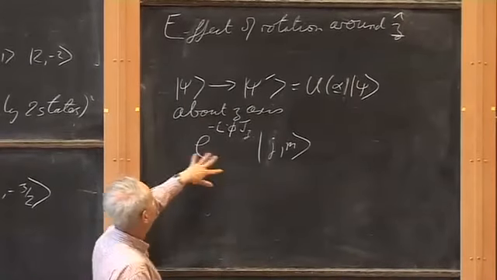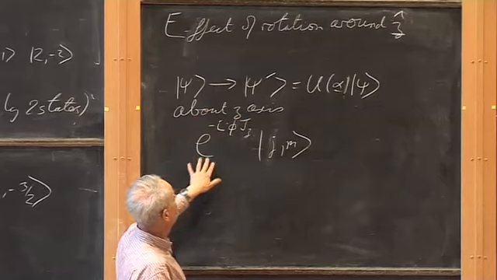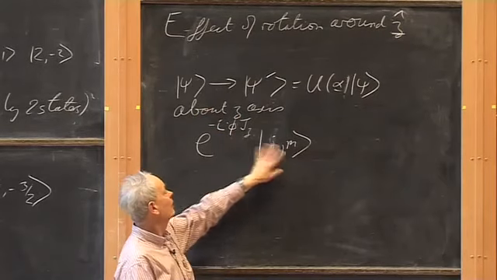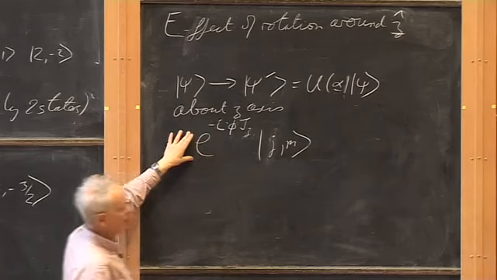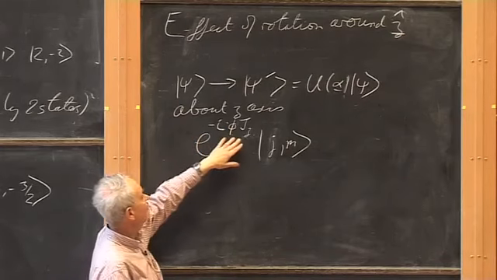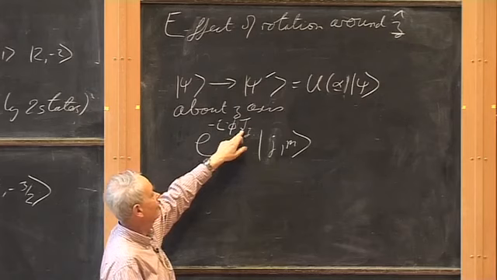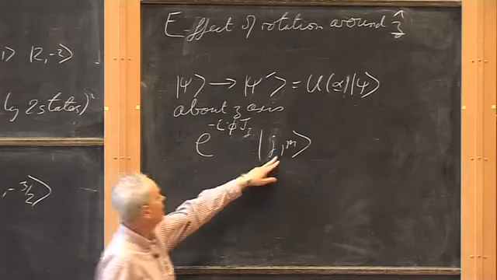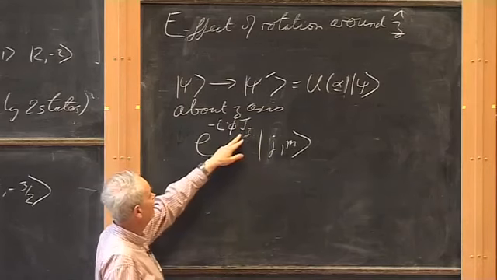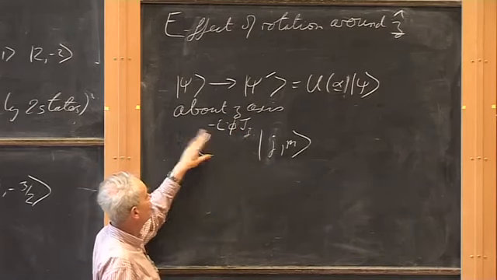This is a function of an operator, so by the definition of a function of an operator, it has the same eigenstates as the operator whose function it is. The eigenvalue is the function of the eigenvalue.